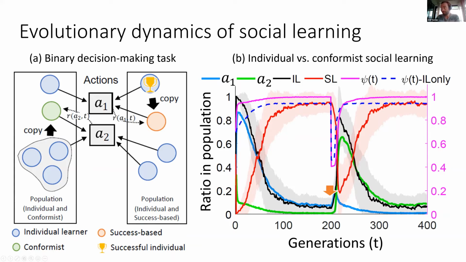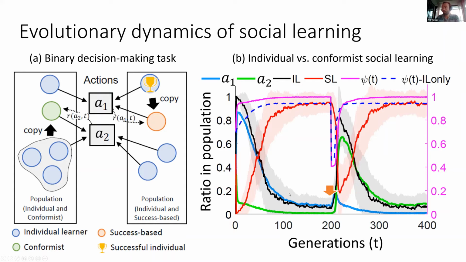In the beginning of the process, individual learners are high in numbers, but after the majority of the population learns the optimum behavior, individual learners become costly because of this exploration cost.